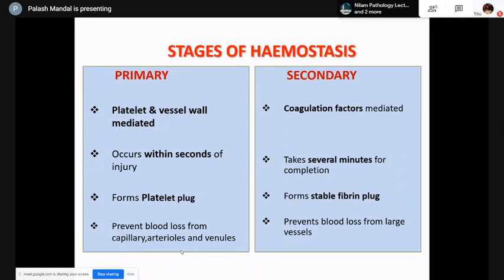The initial stage, or the stage of primary hemostasis, is the formation of a platelet plug, whereas the stage of secondary hemostasis is the formation of a stable fibrin plug, and both have similar functions because the main aim is to control the bleeding.